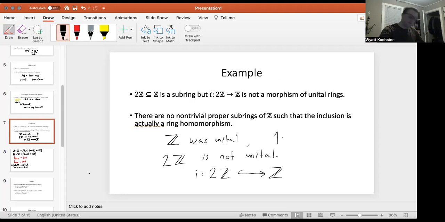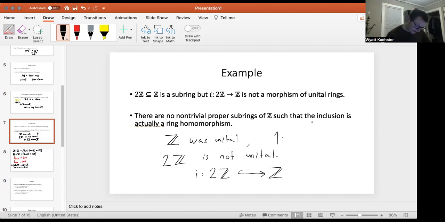So it's actually a fact you can prove that, we'll talk about ideals in a minute, but suffice to say, if your subring contains 1, then it's the whole ring.